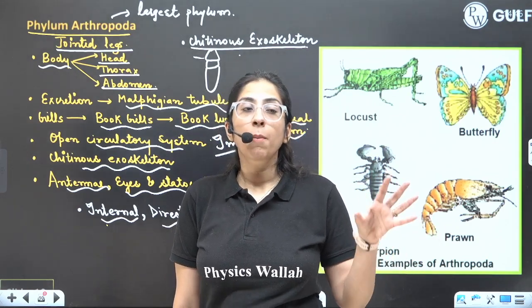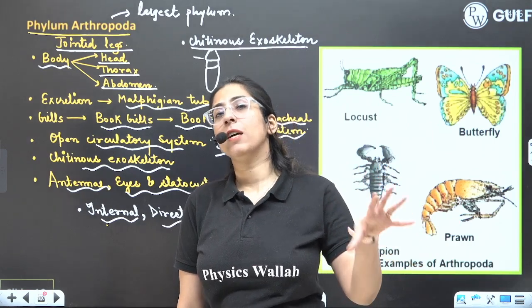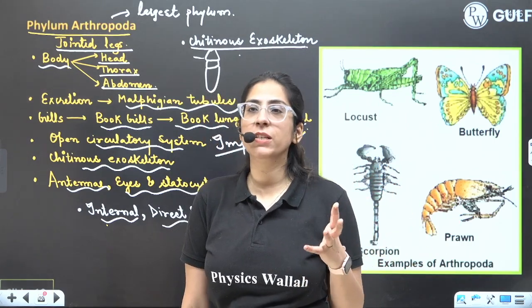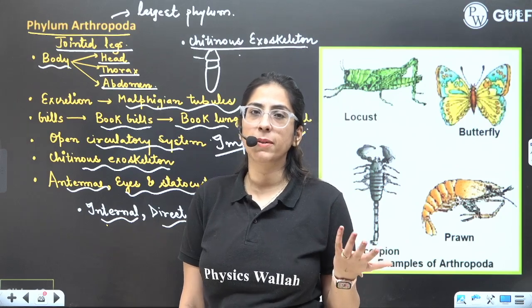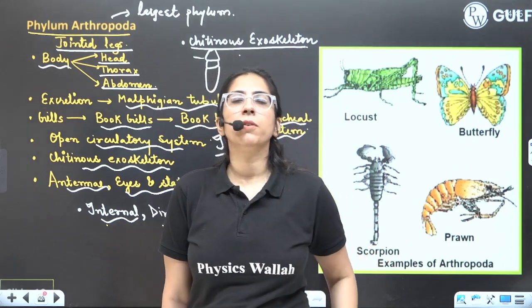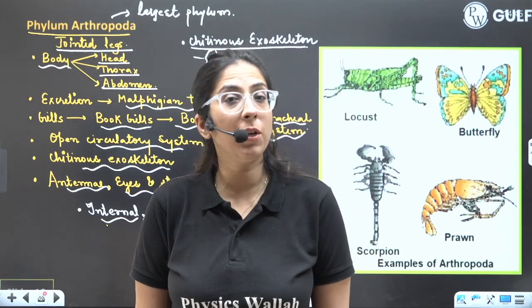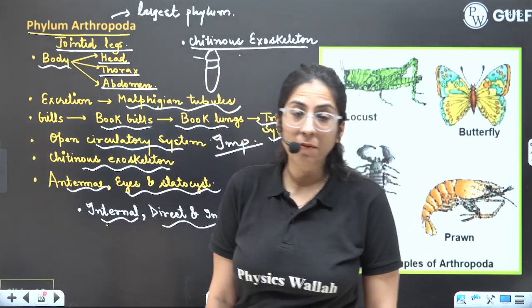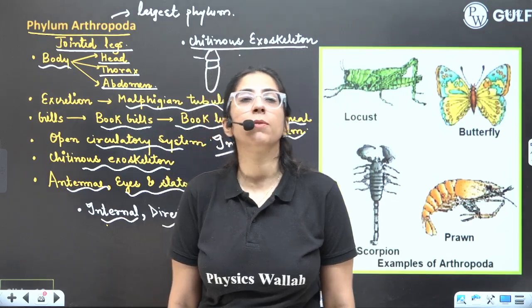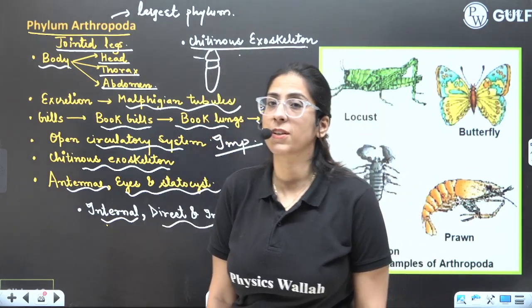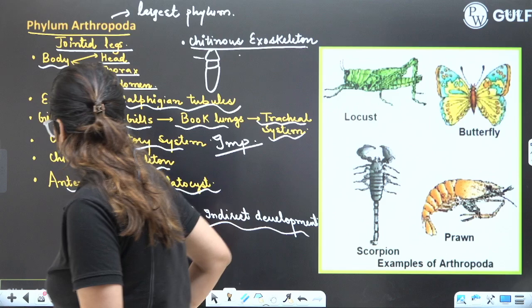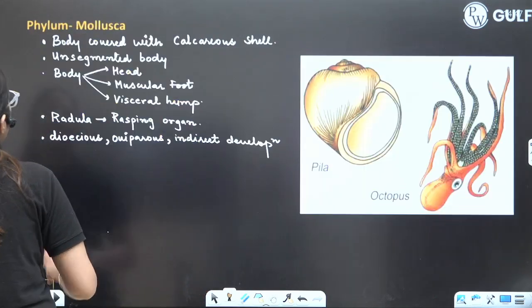Nothing, because bees are considered good pollinators. If pollinators do not exist on Earth's surface, what will happen? All organisms, plants or animals, will vanish, because without pollination plants will not survive, and without plants animals will not be able to survive. The whole food web will be affected. Clear? So, guys, let's move on to the next phylum.